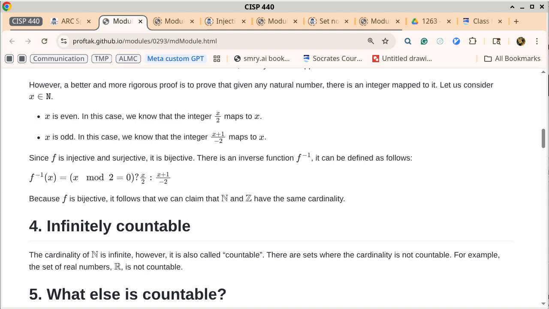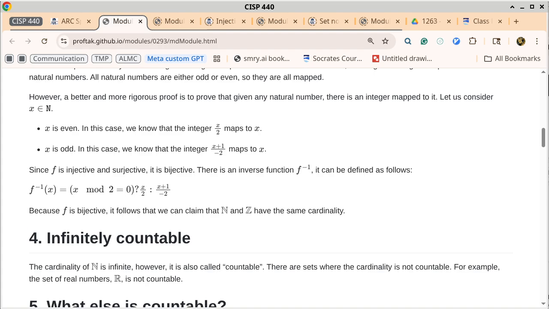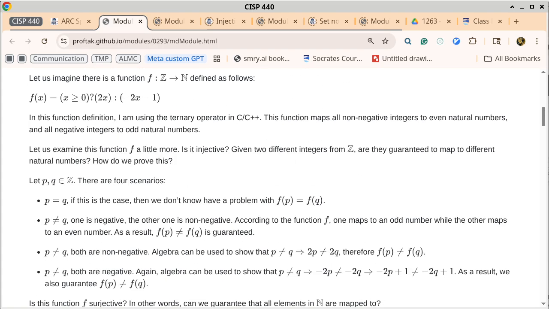On the other hand, if x is not an even number, then we first add 1 to x, because remember x is a natural number. So we add 1 to x, so x becomes a multiple of 2, and then we divide it by negative 2, mapping it to a negative integer. So this particular f inverse would work as the inverse function of the f that we defined up here.